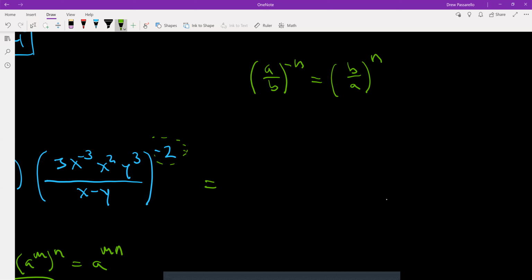So I'm going to flip this. So on the top now it's going to be x minus y. On the bottom it's going to be what I had before, 3x to the negative 3, x squared, and then y cubed. And then all of that's now to the positive 2.